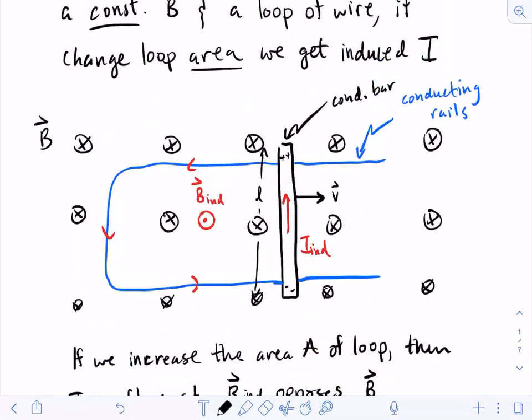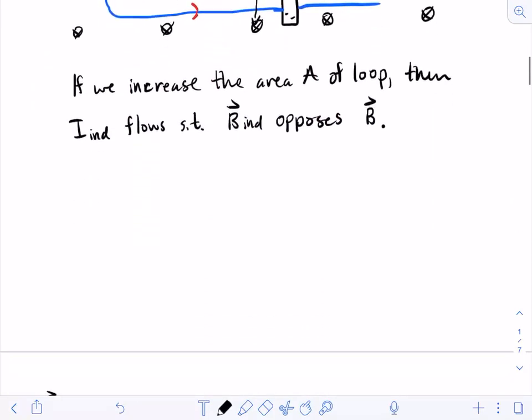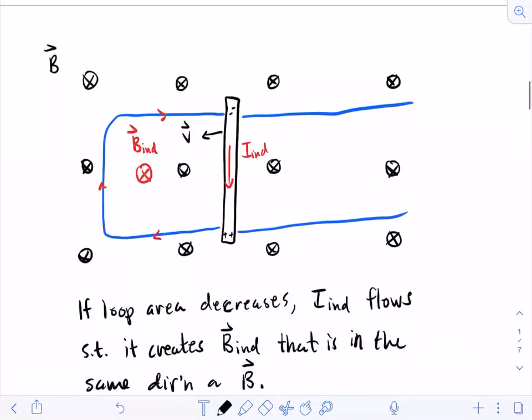If we increase the flux, the induced current opposed that change. It created an induced magnetic field that opposed that change in flux. Then we decreased the area so that the flux was decreasing. The induced current acted to create an induced magnetic field that tried to sustain the flux that was already there, so it's enhancing the existing field.